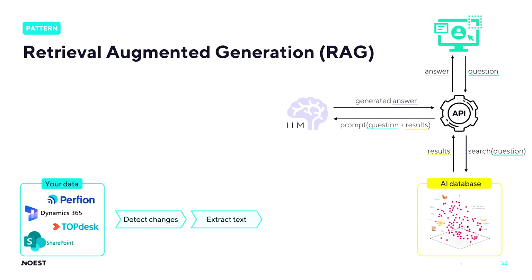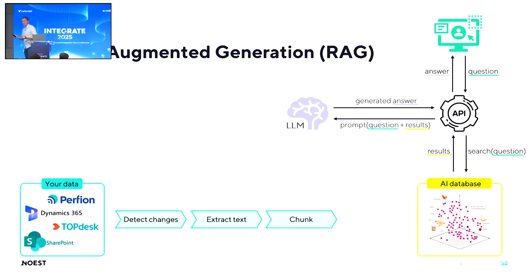Then we have text. We need to chunk it into relevant pieces because, again, your vectors should not be very big. So we need to chunk it in smaller pieces. It's important not to chunk in the middle of a sentence, not to chunk in the middle of a paragraph, and to make sure that chunks within the same chapter belong to each other.